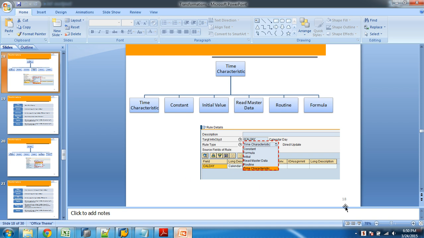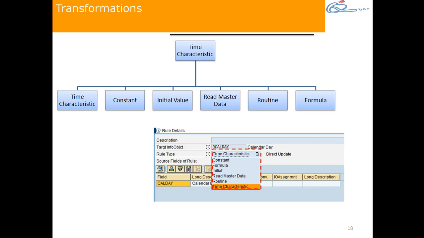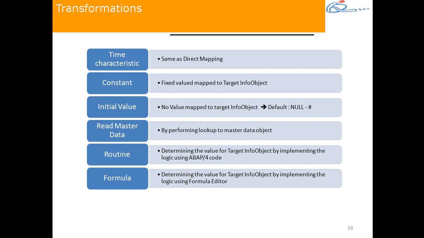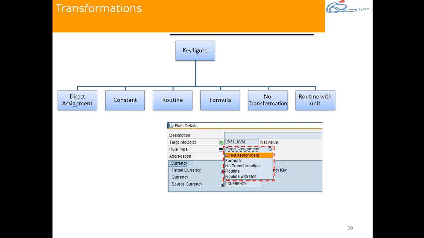Now next, let's go with key figure. Okay, boss, and the same, except time characteristic, it's the same: direct map. The only thing is when you map data from a lower-level time characteristic to a higher level, we refer to that as direct mapping. It does automatic conversions; you don't have to write any logic here, provided they are time characteristics.